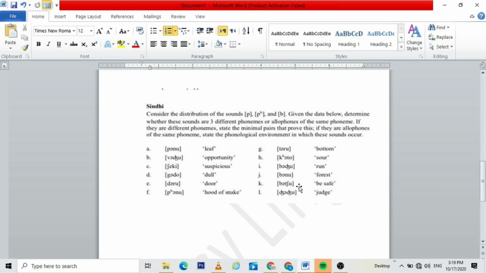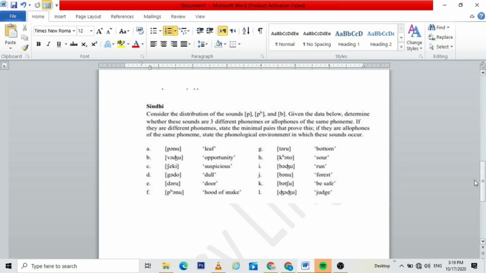If, for example, we have not found any minimal pairs within this data, then we should say that these sounds are actually allophones of the same phoneme. And so we have to give the rule that accounts for their distribution. This means that we have to say where exactly a given sound occurred. We should give the environment in which a given sound occurs.